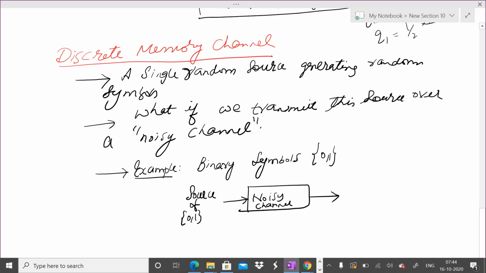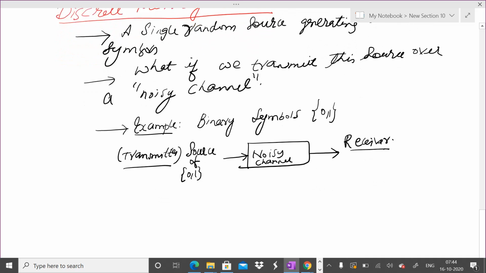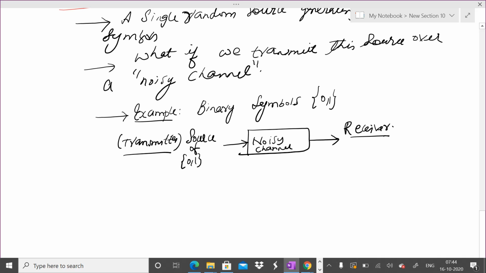Now what can this noisy channel do? This is the receiver, and this is something you can call the transmitter. What can this noisy channel do at most? Two effects can be there.